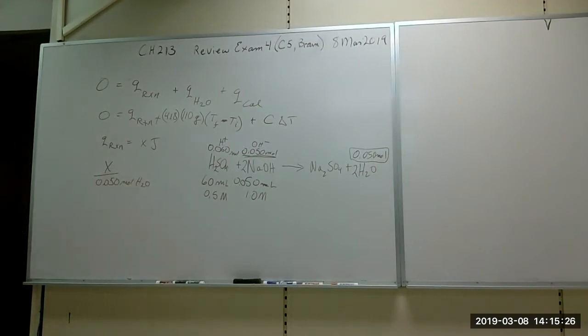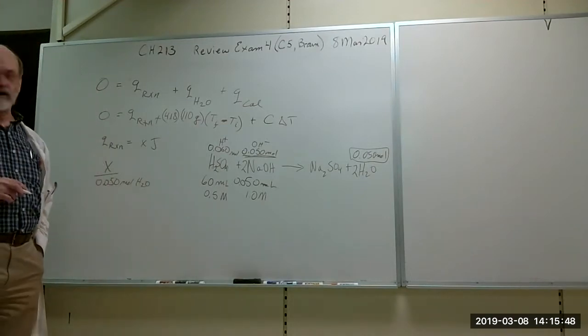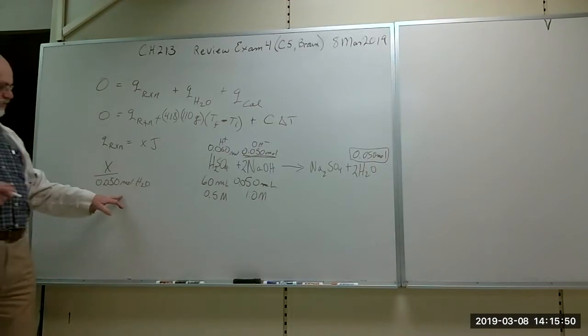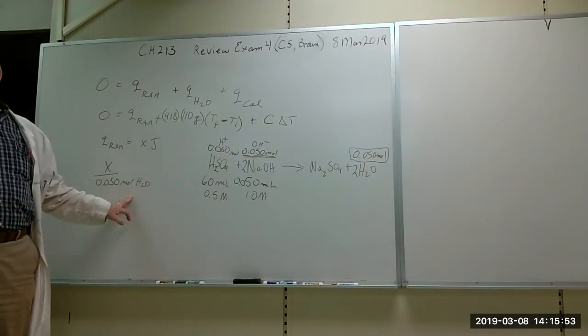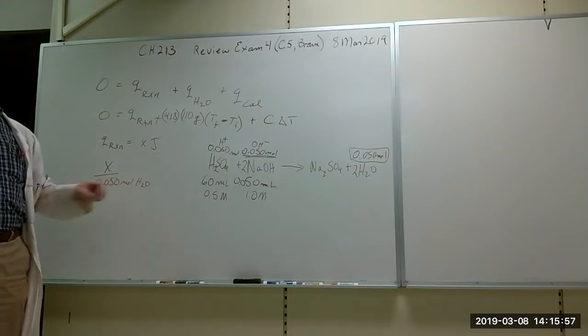And if you look at that last page, where you have the table of accepted values, there it is. That last one down there, minus 57.9 kilojoules per mole. That's the accepted value for an acid-base reaction. Kilojoules per mole of water. So you should expect this value to get in the neighborhood of minus 57 kilojoules per mole. Okay?